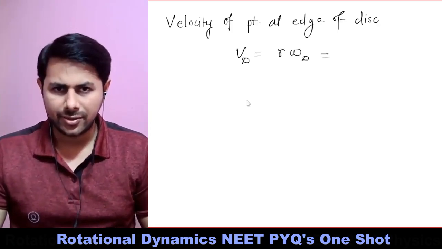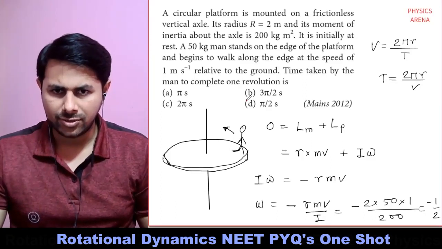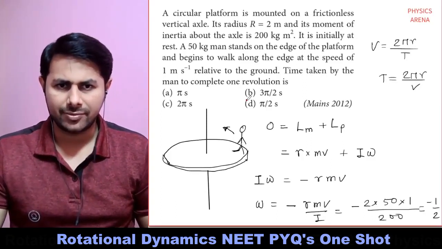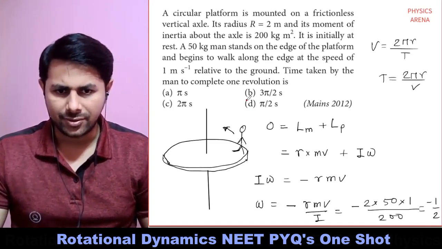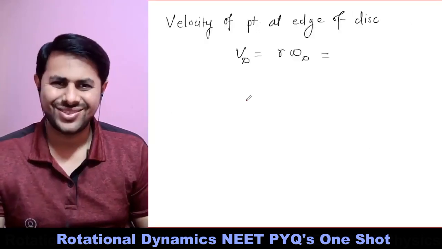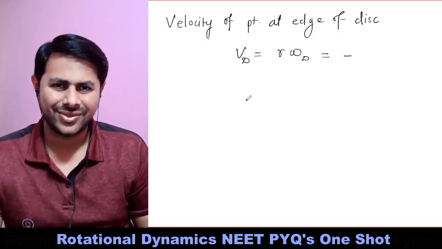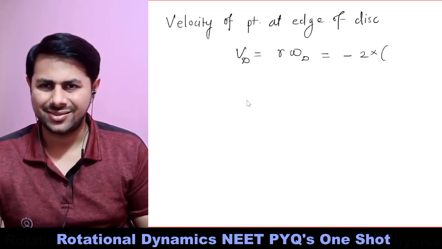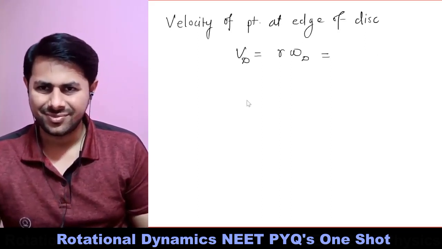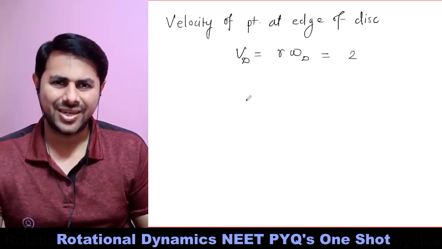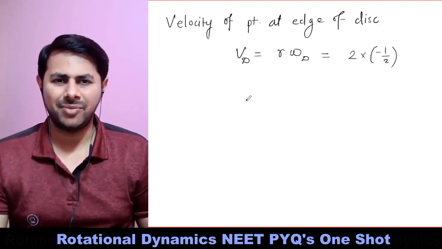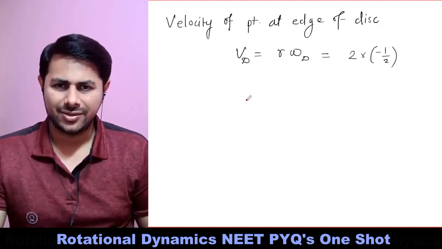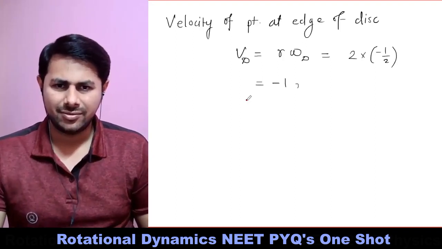So r is 2 meters, omega is minus half, right? So what do we get? R is 2, omega is minus half. So it is minus 1 meters per second.